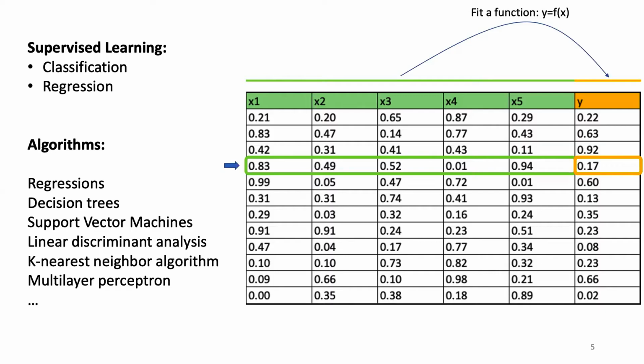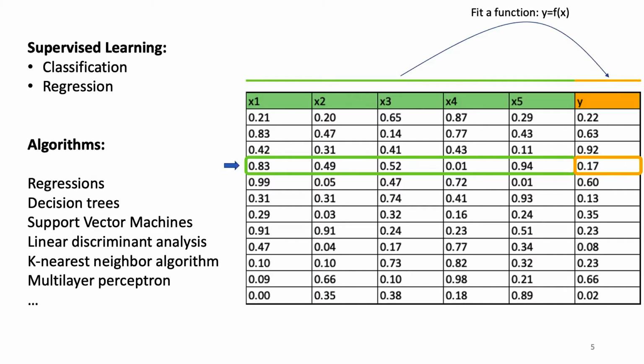So in supervised learning, each data point is a pair consisting of an input object and a desired output value. A supervised learning algorithm analyzes the training data and produces an inferred function, which can be used for mapping new examples. An optimal scenario will allow the algorithm to correctly predict the output for any unseen input.